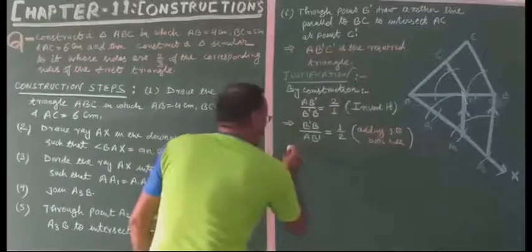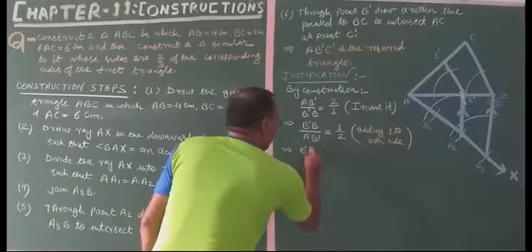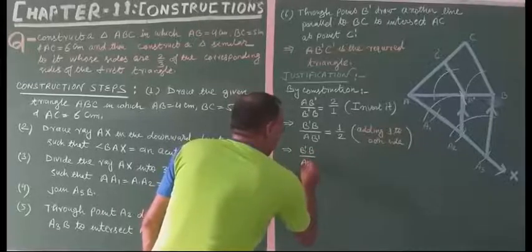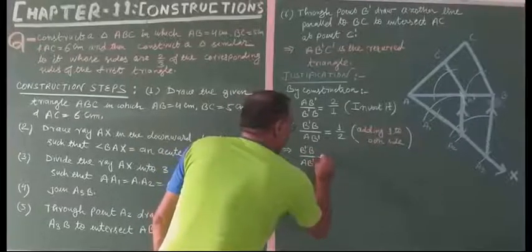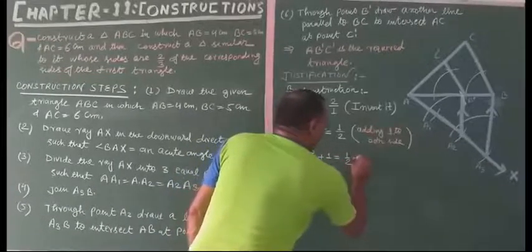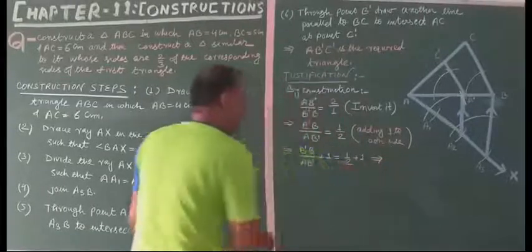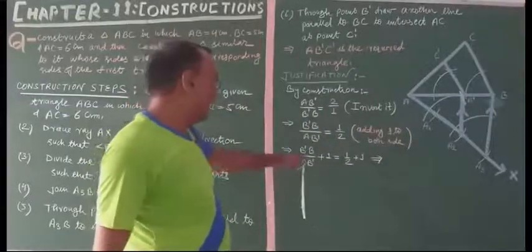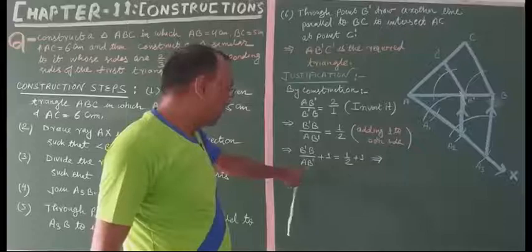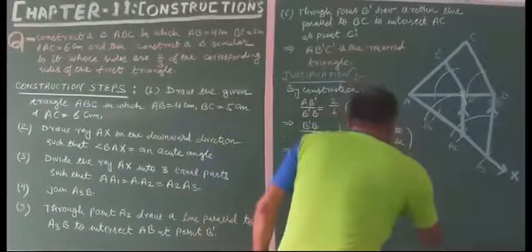Just look here. B dash B upon AB dash plus 1 is equal to 1 upon 2 plus 1. Just look here. Take the LCM here. B dash B, AB dash is here. AB dash will be the LCM of the left hand side. So what will it become?